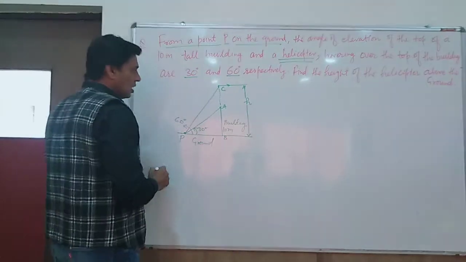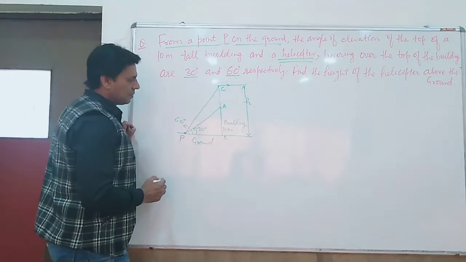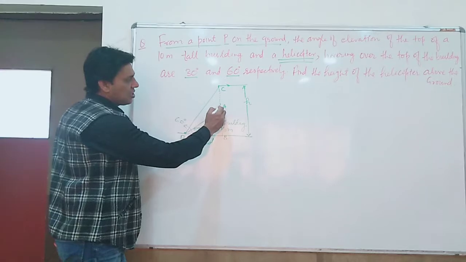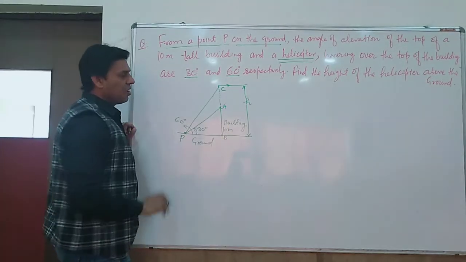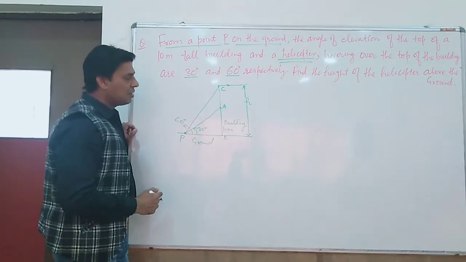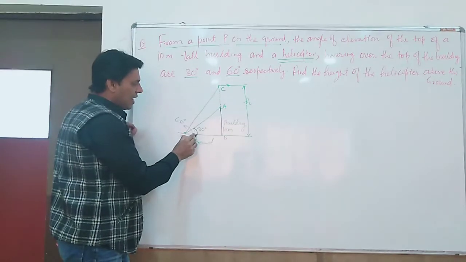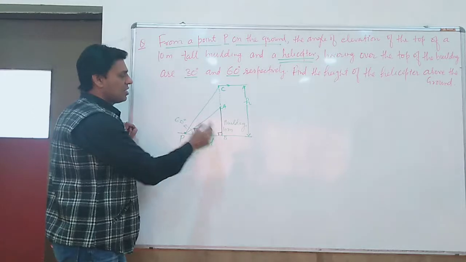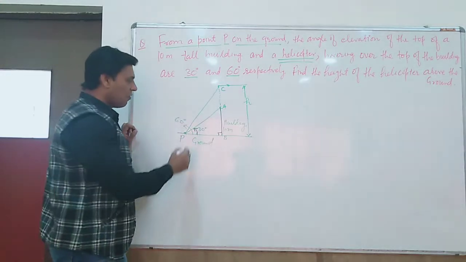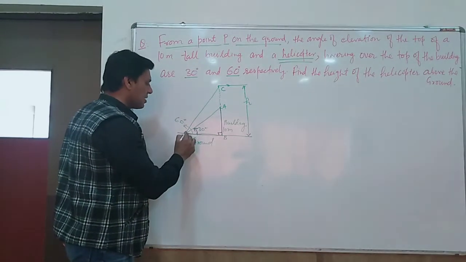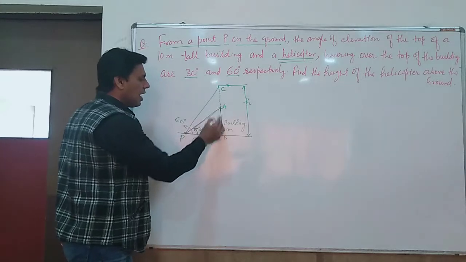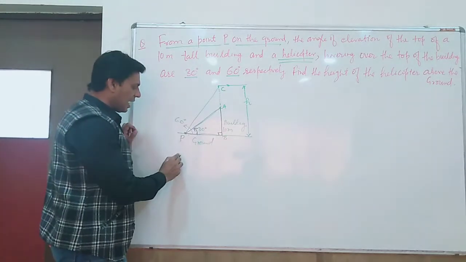See. First of all, we will take this triangle ABP. Why am I taking this triangle? Because one side and one angle are given in this right triangle. So first of all I am taking this right triangle ABP. How will we write?